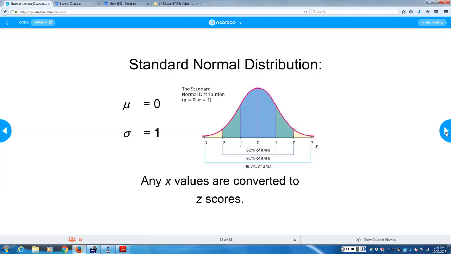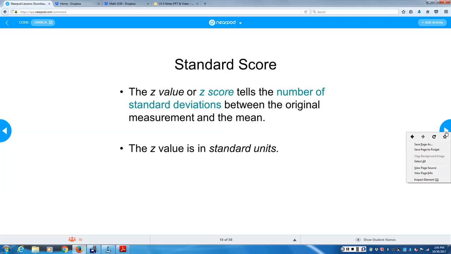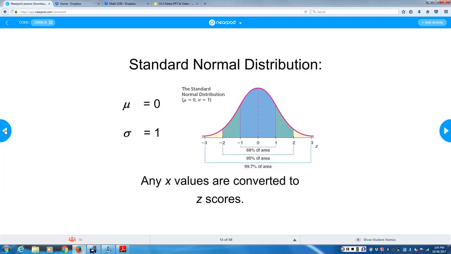All of your x values are converted to z-scores. A z-score is not listed on the PowerPoint, but I'm going to show you how to find a z-score.